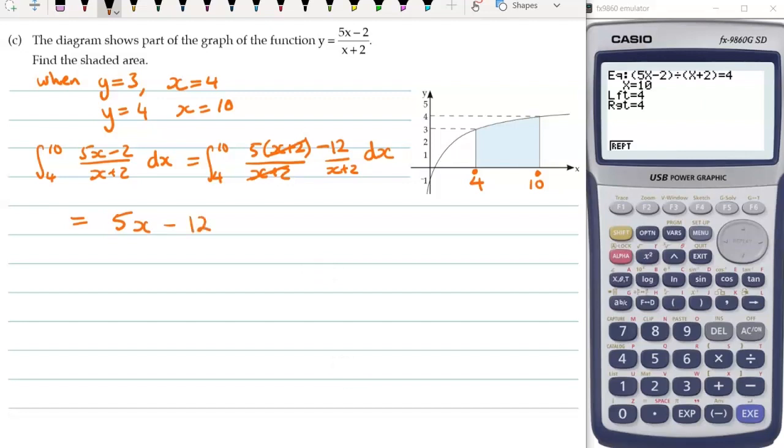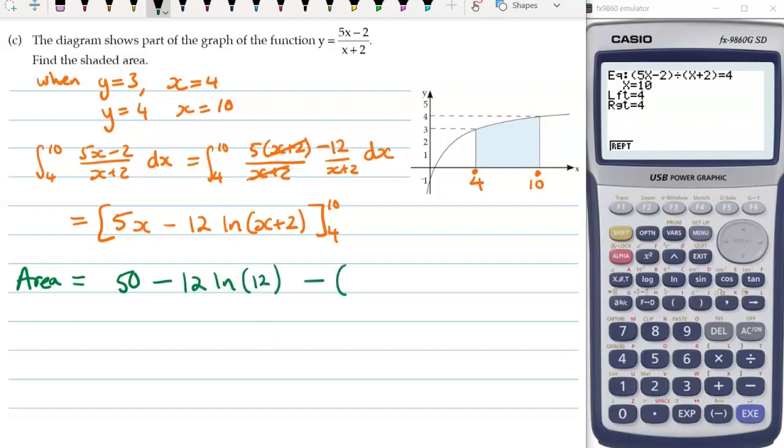So the 12, just bring that out as a constant, so that's minus 12, but 1 over x plus 2, if we integrate that, is the natural log of x plus 2. And we're doing that between 4 and 10. Okay, now we can sub in those numbers and we get the area. So the area is equal to 50 minus 12 log 12, take away 20 minus 12 log 6.